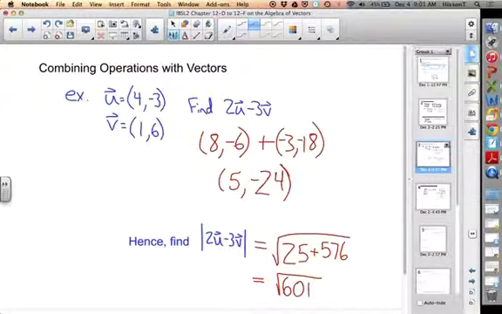Okay, so you have the square root of 601, which is about 24.5. I don't think that actually simplifies. No. So you could just leave it as square root of 601.